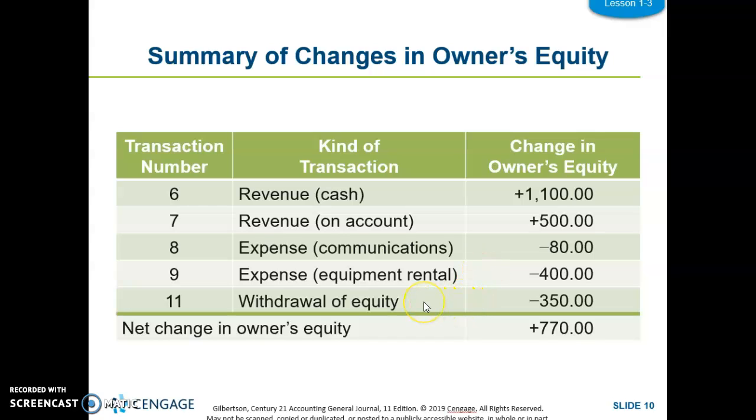And then our last one, we had a withdrawal of equity when the owner of the business took money out for personal use. So after all of these changes with adding and subtracting, the net change in owner's equity is a $770 increase. Make sure you watch the Work Together video as well and do that so you will have a better understanding of these concepts.